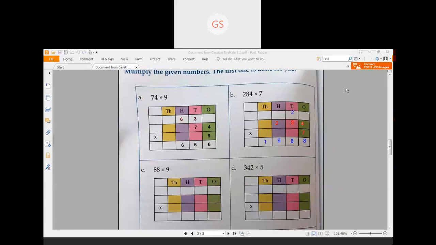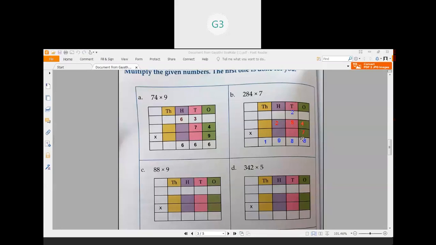Again, next, I want Guru Prasad. Guru Prasad, can you please unmute yourself? Mahashweta, thank you. Yes, dear. Can you please tell me what is the next step in this? What do you have to do? 8 into 7, right? 8 into 7.